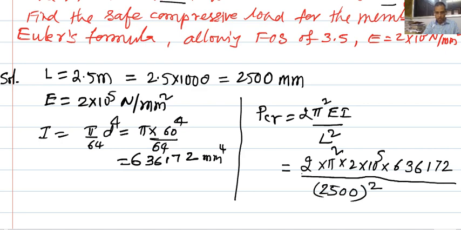So this gives me a capacity of how much? 421820 Newton. That means it is around 421 kilonewton.